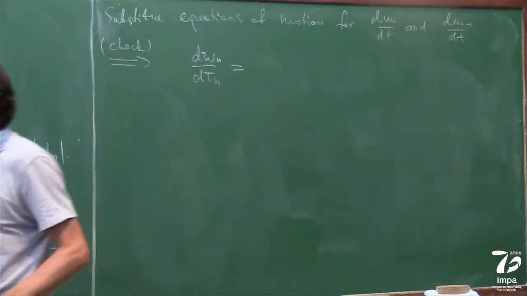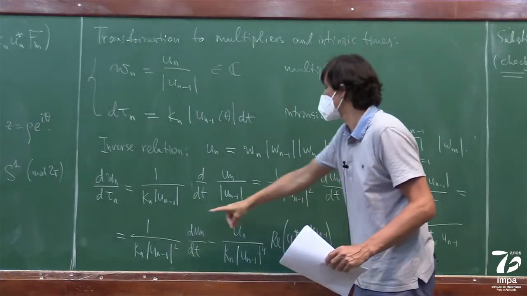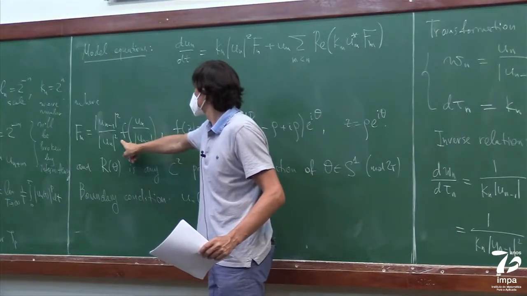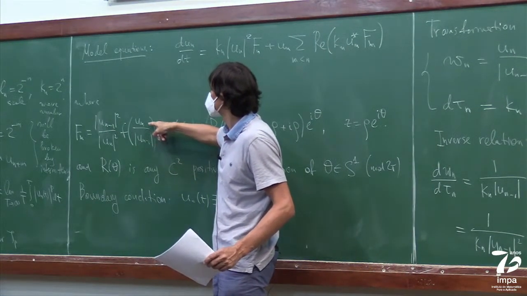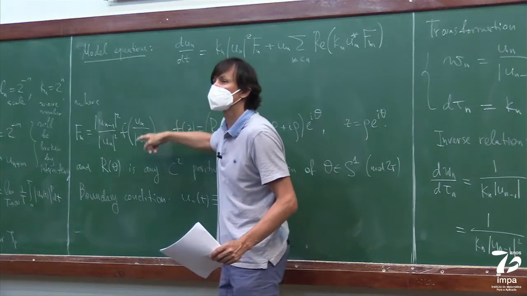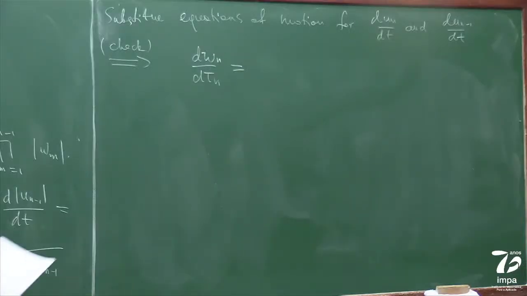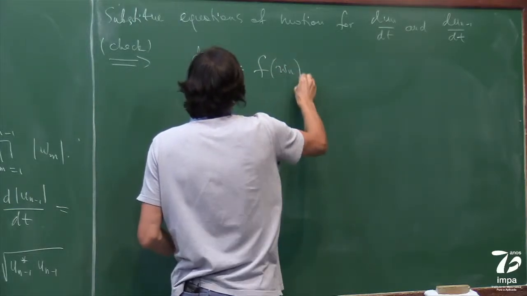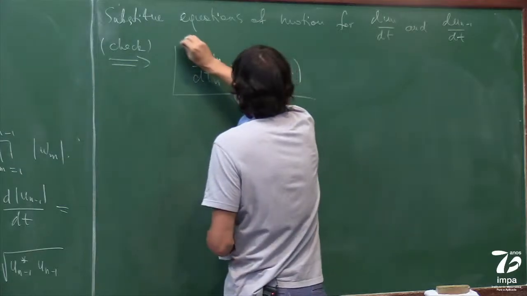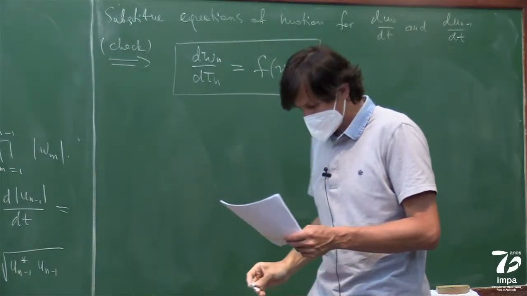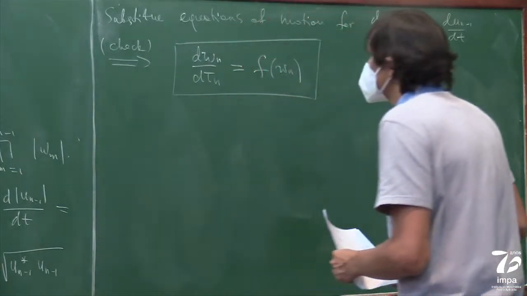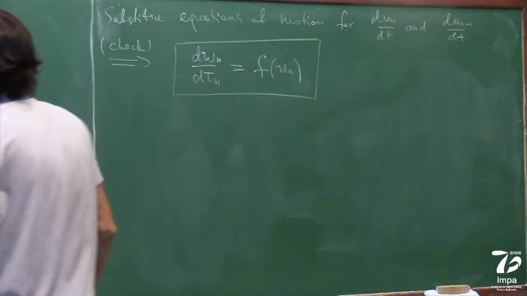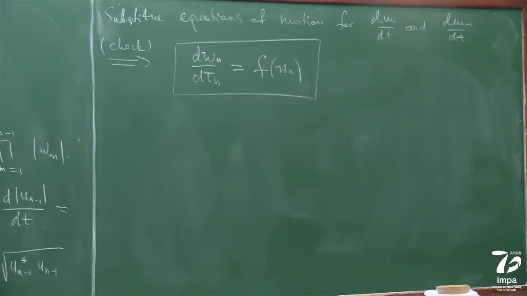So this is the left-hand side. And what will be left from here is just this function. And this function is a function of the multiplier exactly. Somehow it's a miracle, but it's a miracle of constructing the equation in such a way that it happens.